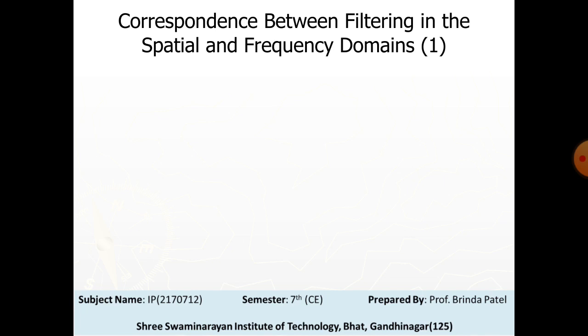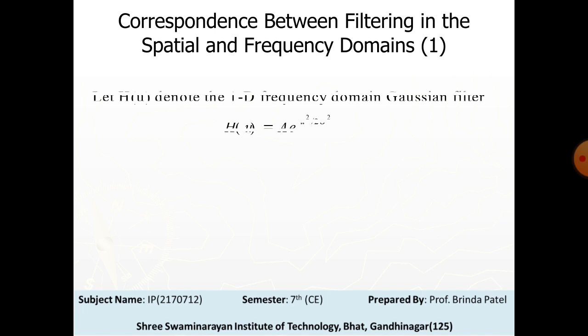Now the correspondence between filtering in the spatial and frequency domains. The link between filtering in the spatial and frequency domains is the convolution theorem. We defined filtering in the frequency domain as the multiplication of a filter function H(u,v) times F(u,v), the Fourier transform of the input image.